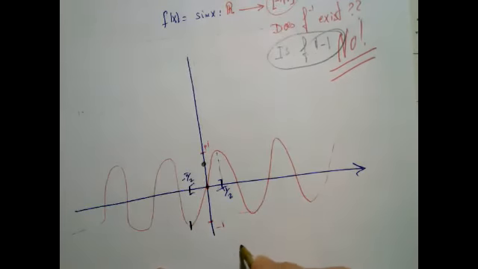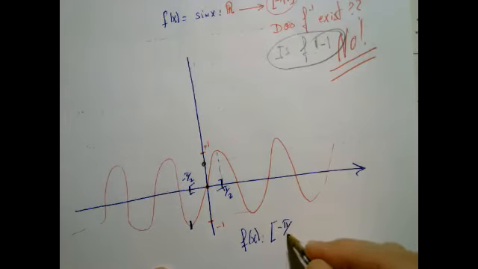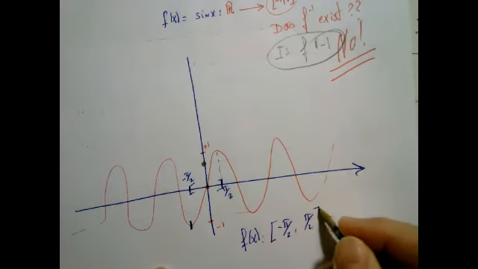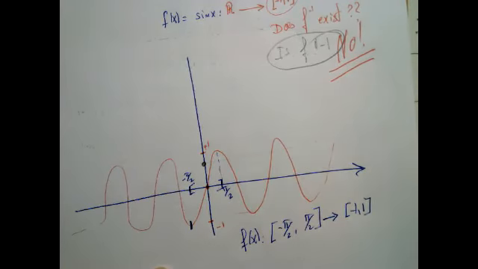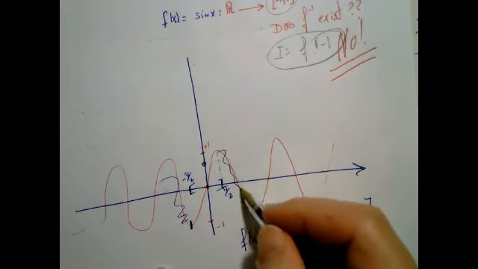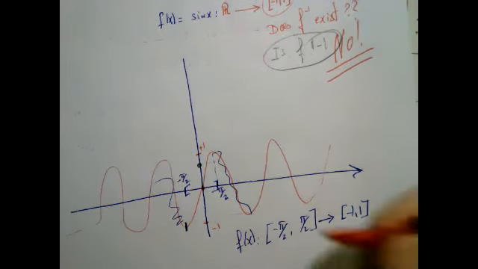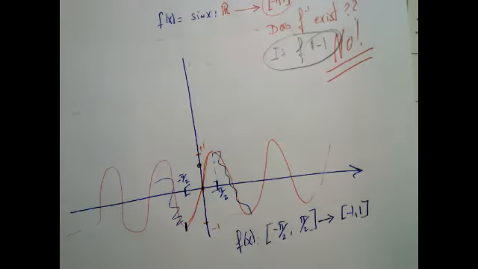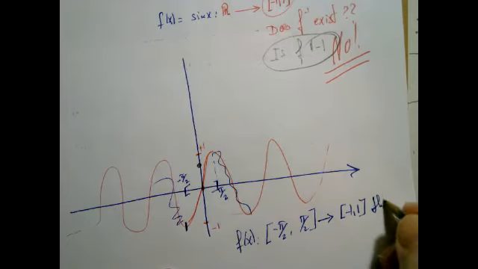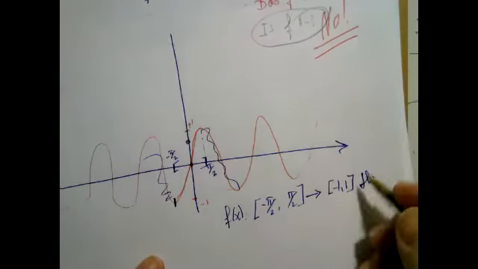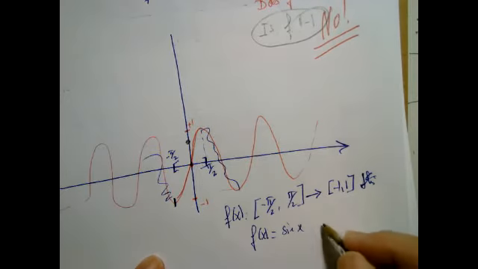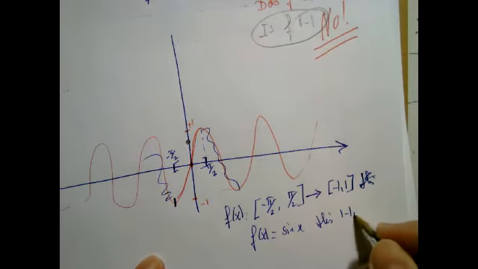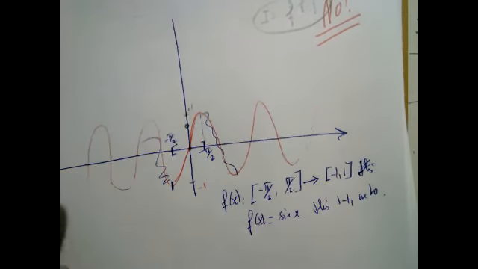In other words, we take f of x by restricting my domain from minus pi over 2, pi over 2, to minus 1, 1. So this is gone for me, and this is gone for me. If I restrict myself here, this function is 1-to-1. Where f of x is sine x, this is 1-to-1 and onto when I restrict my domain.